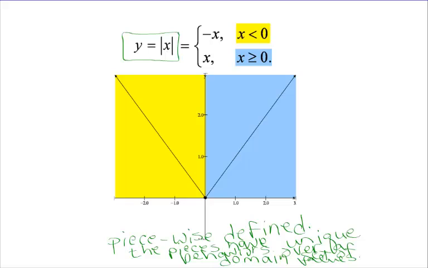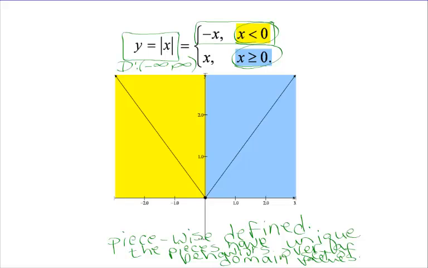So from negative to positive infinity, which is the domain of this function, it is defined for all real number values. The behavior is different over subsets of that domain.